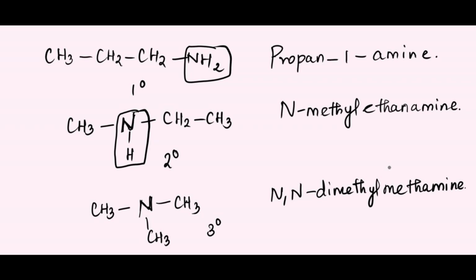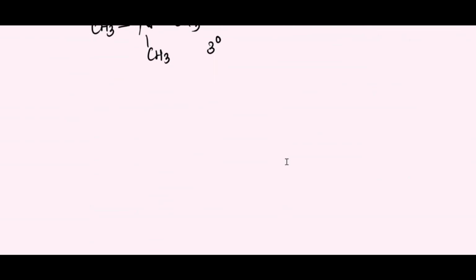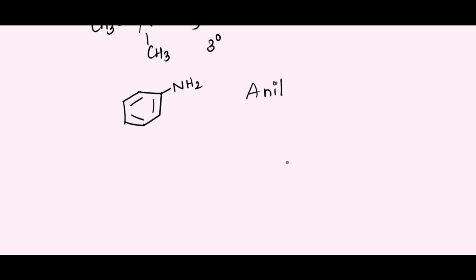Apart from these namings, primary, secondary and tertiary, we do have aromatic amines. For example, on the benzene ring, I am having NH2. This is benzenamine, and the common name is aniline. Suppose I am having a substituted benzene, a CH3 group is there along with the amine, then this is 2-aminotoluene.